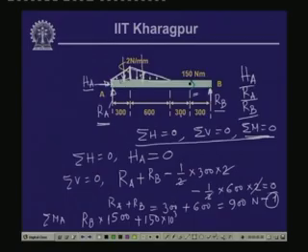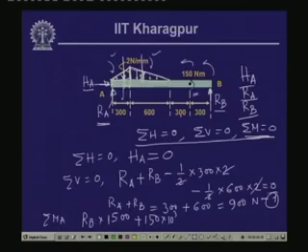Then we have these forces which will have moment with reference to A. The load is acting vertically downwards, so with reference to point A it will cause a clockwise moment. Now, the two moments we considered were anticlockwise, which we took as positive, so the contribution of this moment will be negative. If we take this particular load, which is half of 300 times 2, which is 300, it is acting at a point which is 1/3 from here.